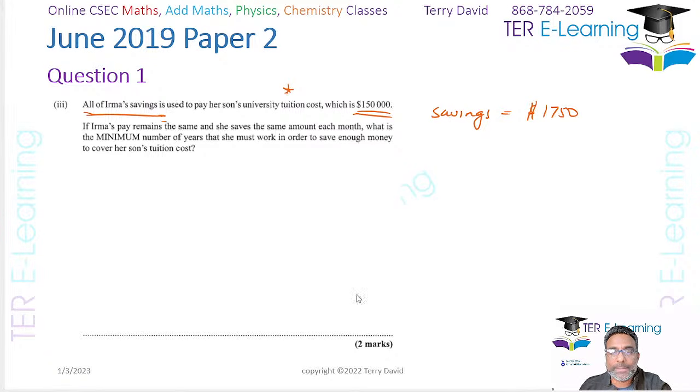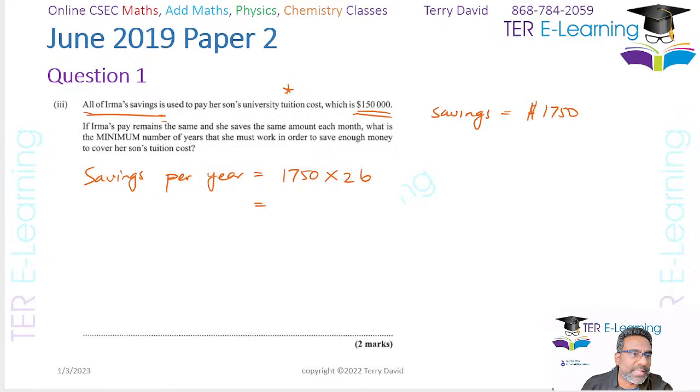So I'm going to take that 1750. So savings per year is going to be that 1750 multiplied by 26, right? If you all remember, we previously got the 26 by taking the 52 and dividing by 2.